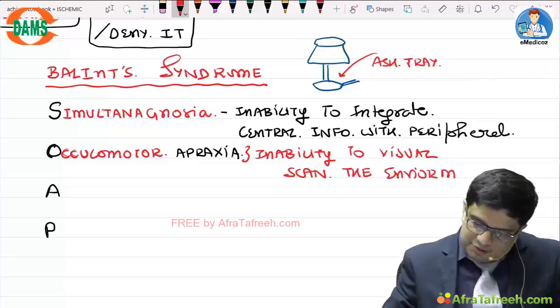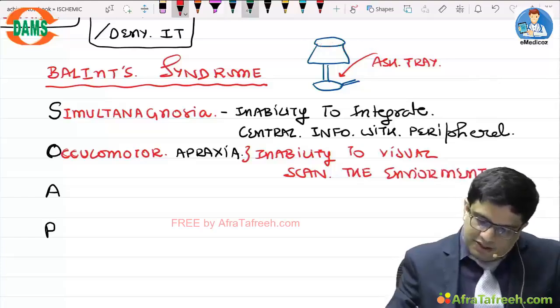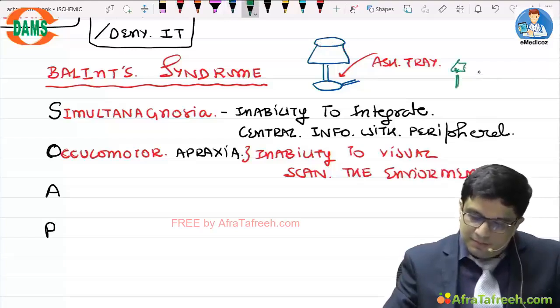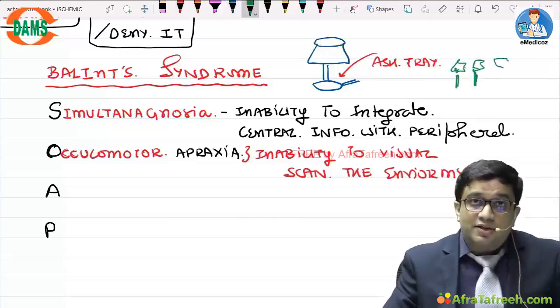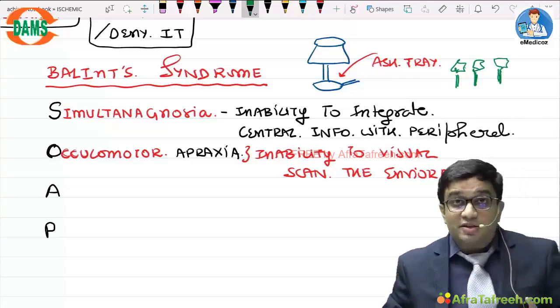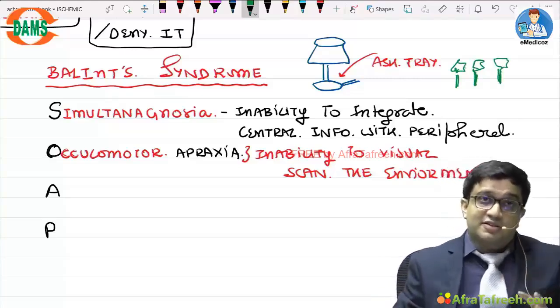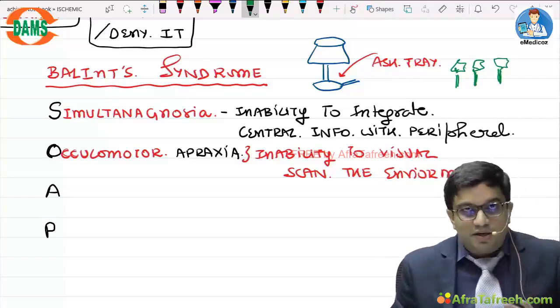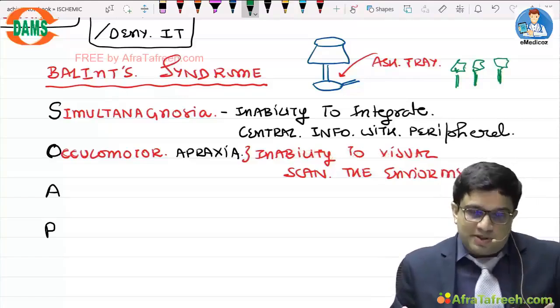For example, I'll show him a lot of trees together. Okay, so he will just tell me, yeah, it's a tree, he'll miss the forest for the trees, everything like this. So it is a part of semantognosia again, oculomotor apraxia.